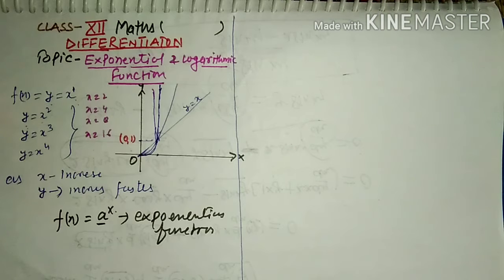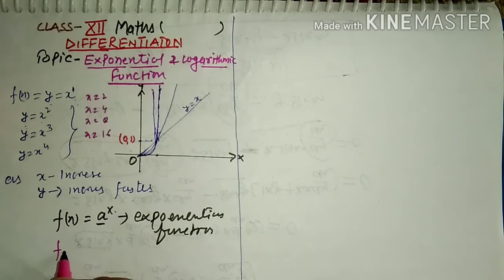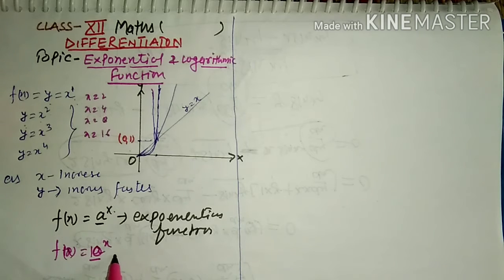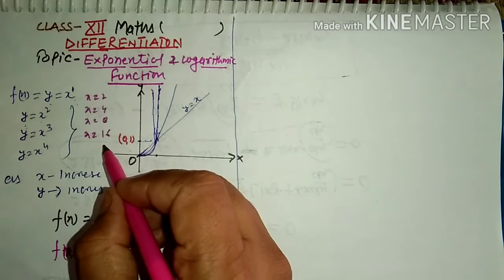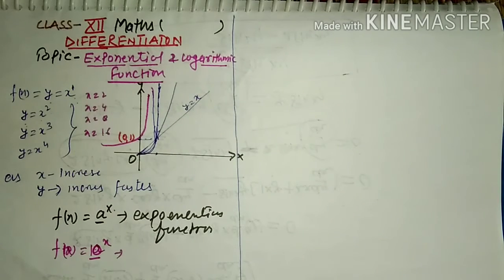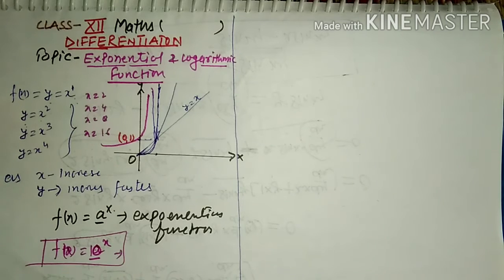Clear? Okay, we'll take an example. एक एग्जाम्पल लेके समझते हैं इसको. f(x) is equal to 10 to the power x. क्लियर? a को जो कांस्टेंट है उसकी जगह पे हम 10 ले लेते हैं और इसका बिहेवियर चेक करते हैं और इसका ग्राफ देखिए. We will see the graph is like that. Clear? So this function is called exponential function.